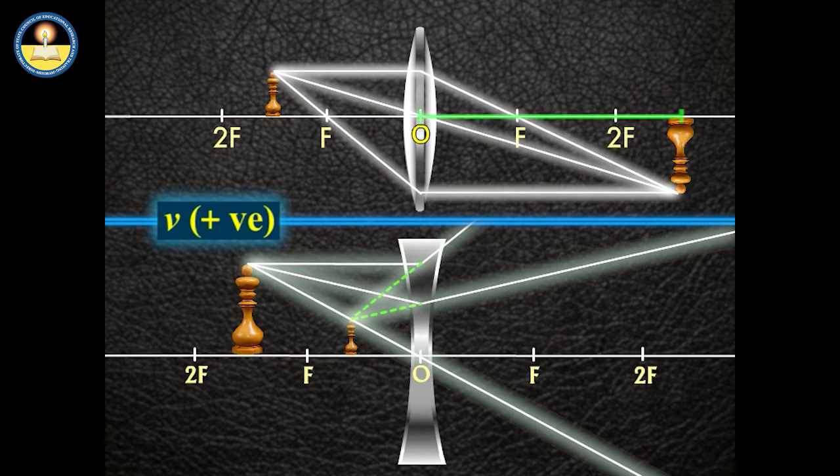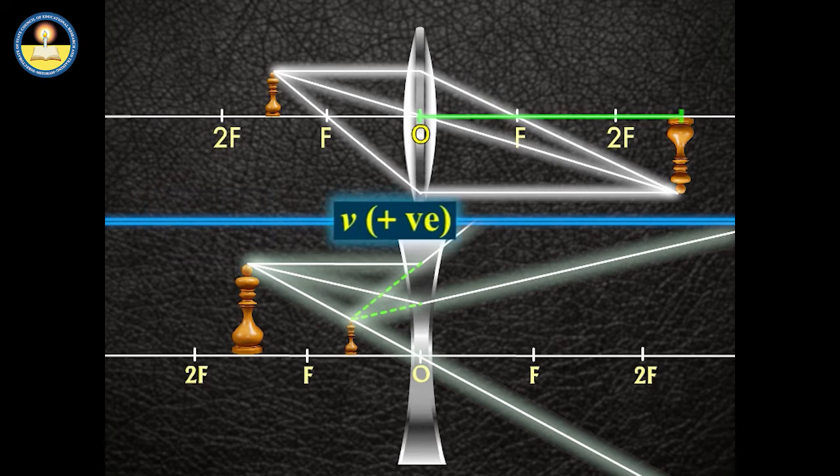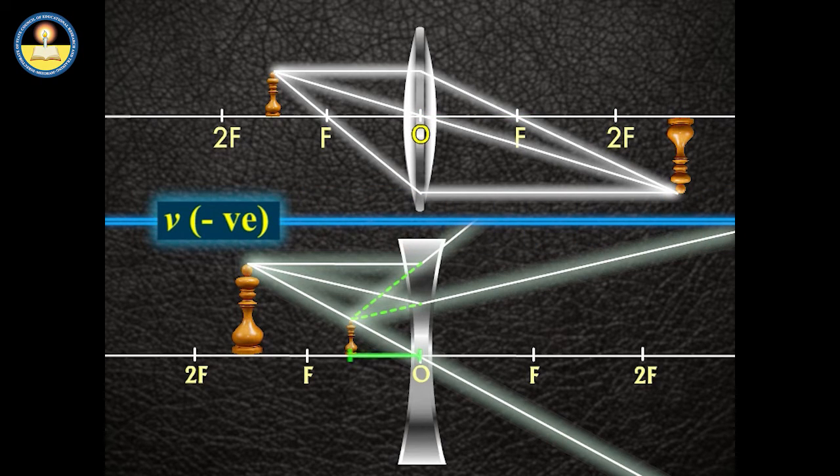The distance for a real image is positive as the real image for a spherical lens is formed at the right side of the lens. For a virtual image, the image distance is negative as it is formed at the left side of the lens.